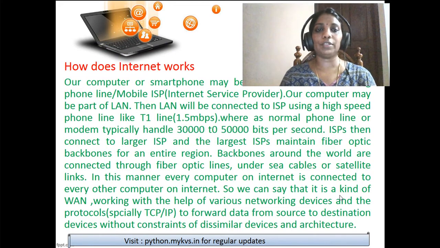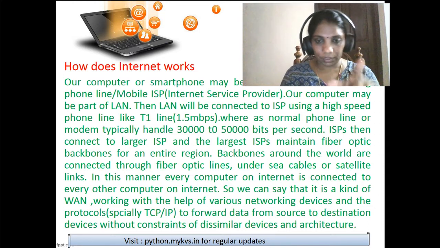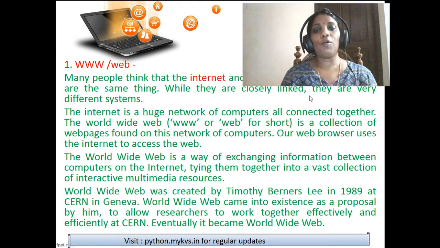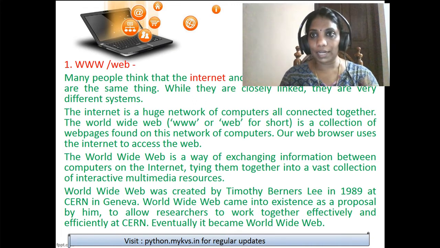Now, of course, before that, it's actually talking about how the internet works. Let's just get into www and then we'll go there. So, what is www? Internet, now you know, is a network. To put it in a simple way, www is a way of exchanging information between computers on the internet. Or you can say it's a collection of computers and resources that work on a common platform called the browser.